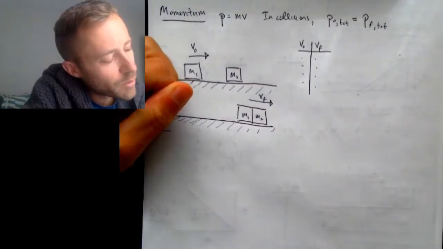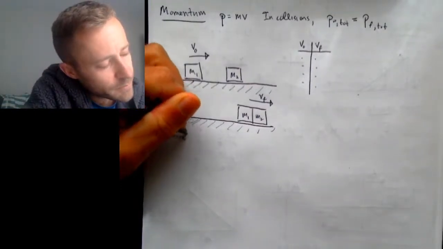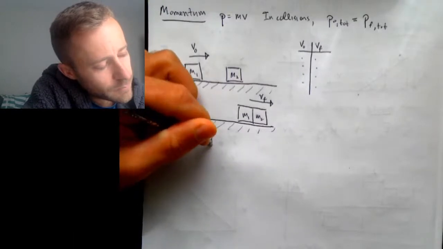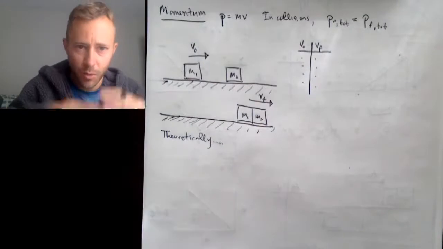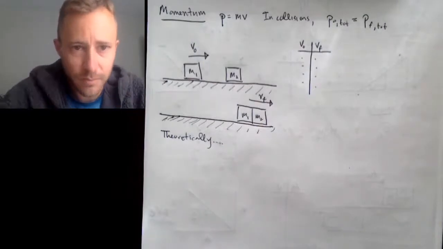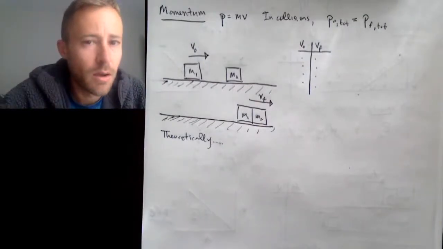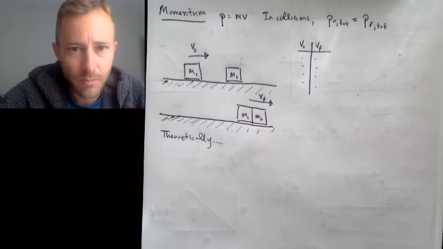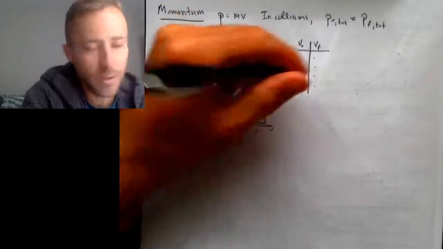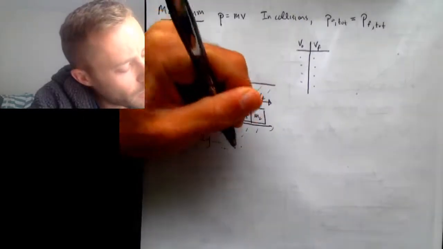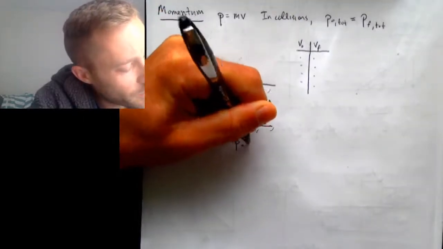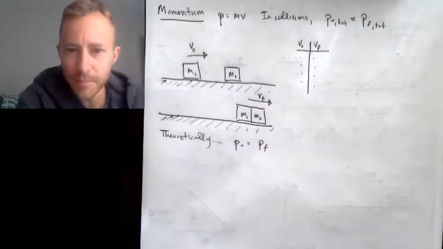So theoretically, when I say theoretically, I mean according to the equations of physics. What should happen? What should be the relationship between these variables? So I would say initial momentum equals final momentum.